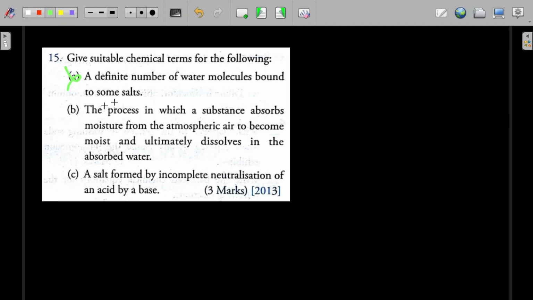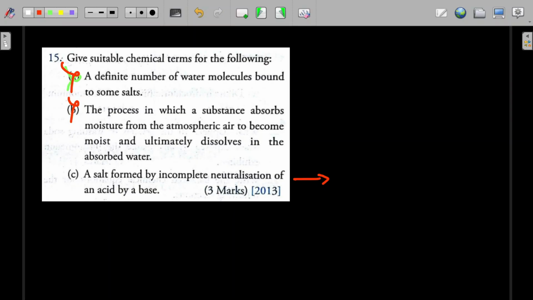Okay, give a suitable term. These are old things. This one: a salt formed by incomplete neutralization of an acid by a base. Chanvi, tell me.